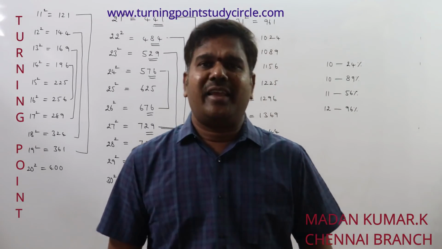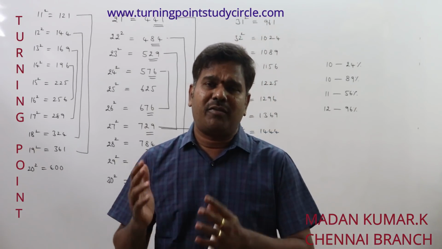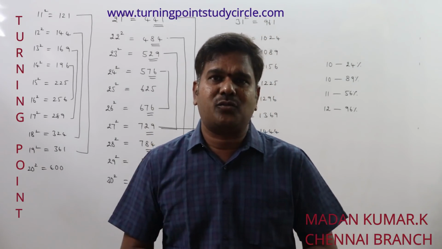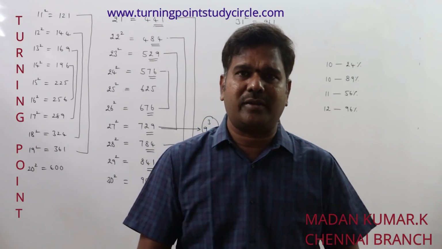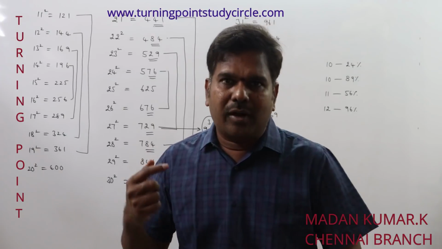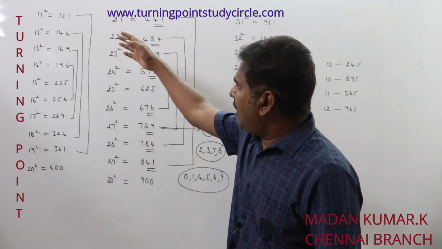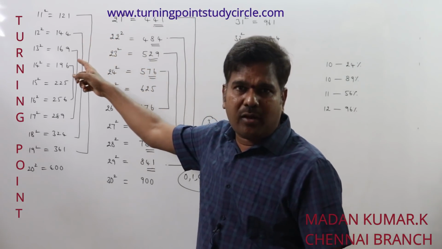Clear? Finally, can we conclude, my dear students? Whatever we have discussed from 1 to 40 squares, apart from those ending with 5, we will just repeat. 11 square 121, 12 square 144.